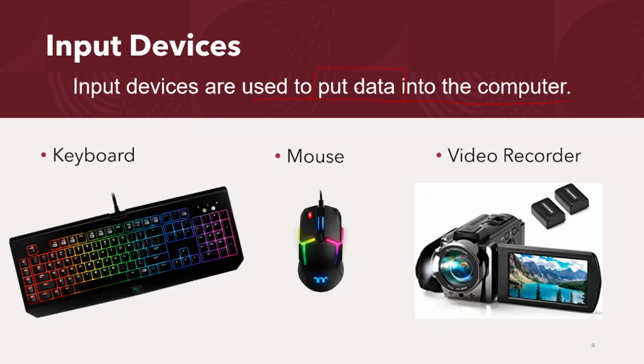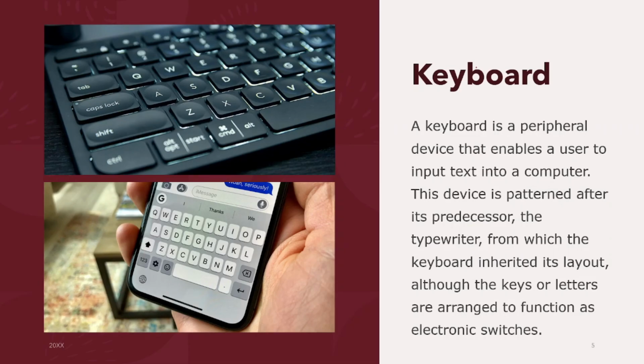So for them to be able to enter data, they need to use one or more input devices. Some common examples of input devices are the keyboard, the mouse, and the video recorder. Let's first take the most common, which is the keyboard.